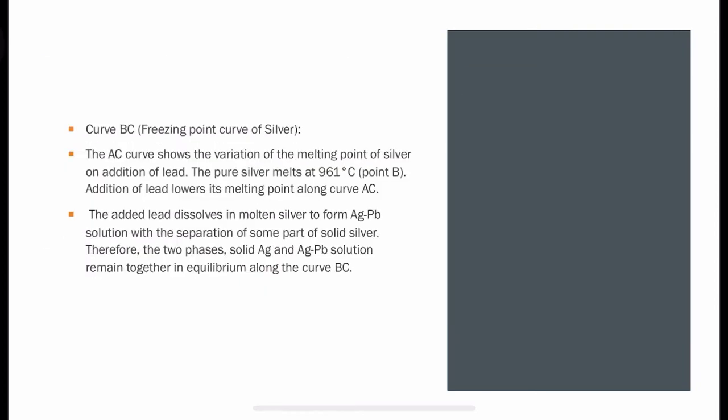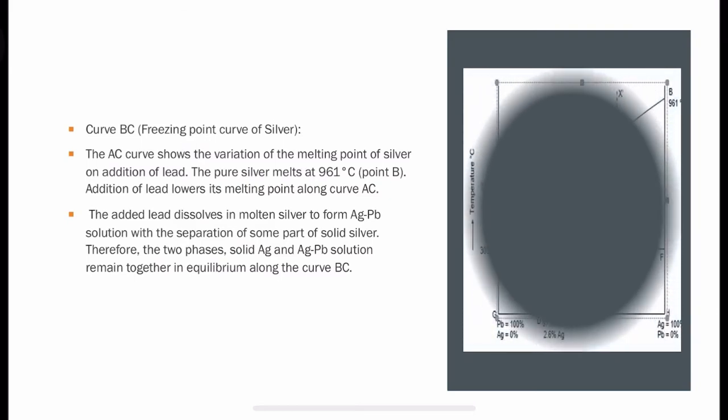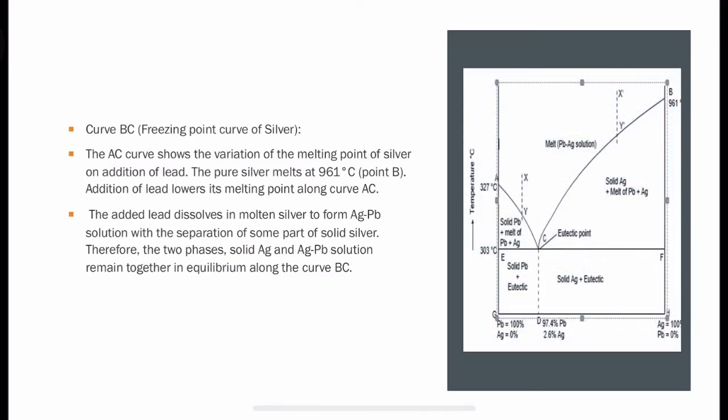Now we move on further. Curve BC, or you can say CB, is the freezing point curve of silver. As you know, the curve shows the variation of the melting point of silver on addition of lead.